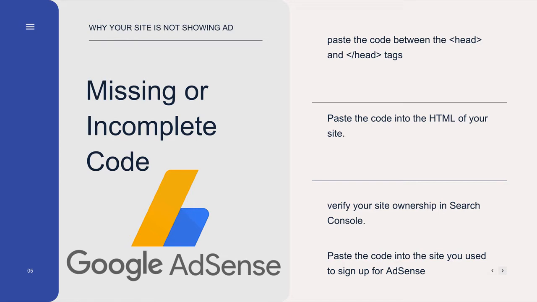So you paste that. Once you've done that, you still have to verify your site ownership in Search Console. So how do you do that? You paste the code into the site that you used to sign up for Google Adsense.